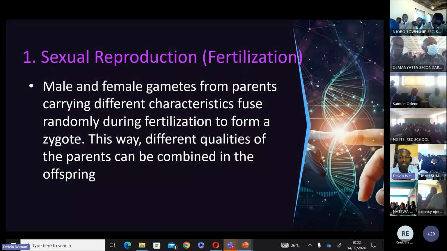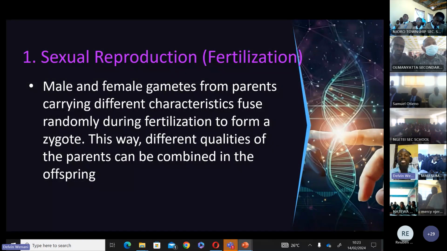This way, different qualities of the parents can be combined in the offspring. At the end, you get an individual who may be quite different from the male parent and also from the female parent.